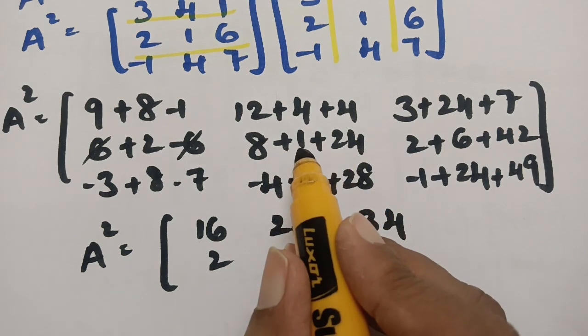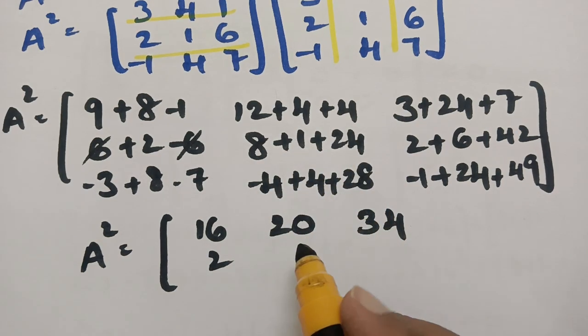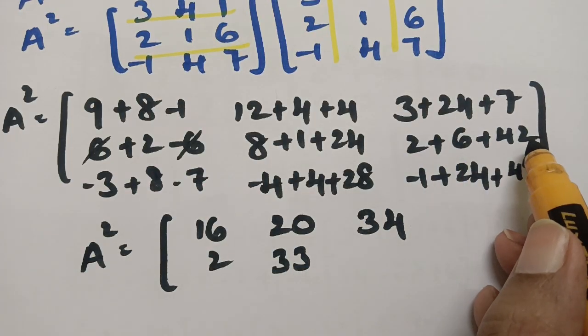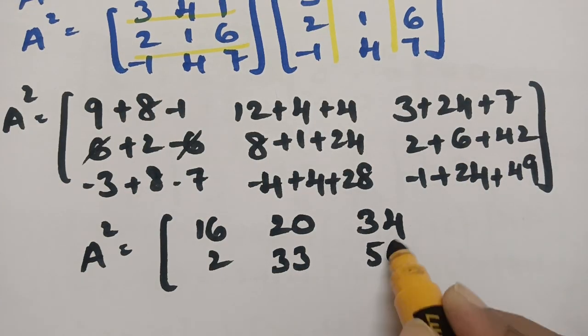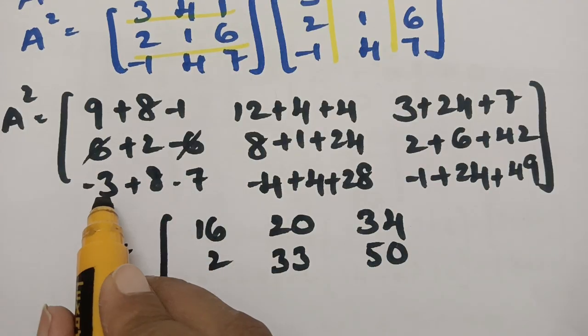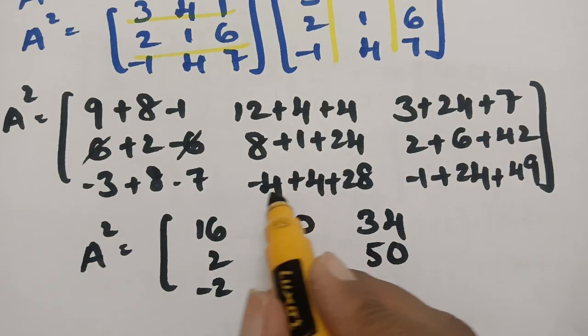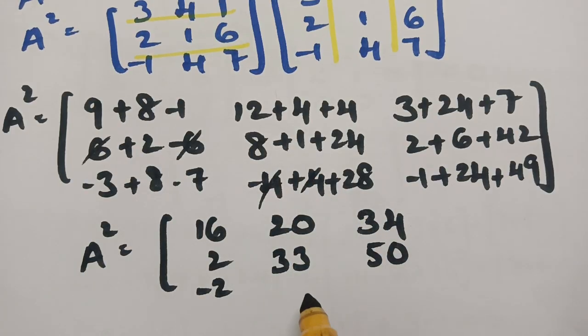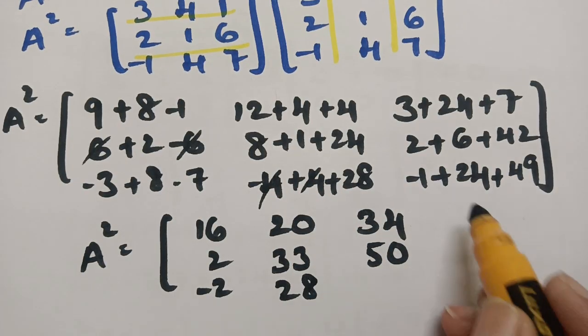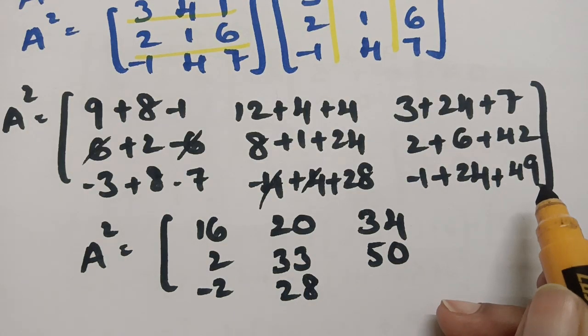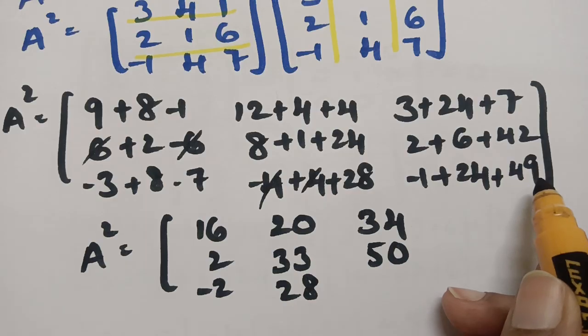And this is 25 plus 8, the value here is 33. And here 8 plus 42, the value here is 50. And the next here is minus 10 plus 8, this is minus 2, and if I cancel, this is going to become 28. Clear? And this is 23 plus 49.